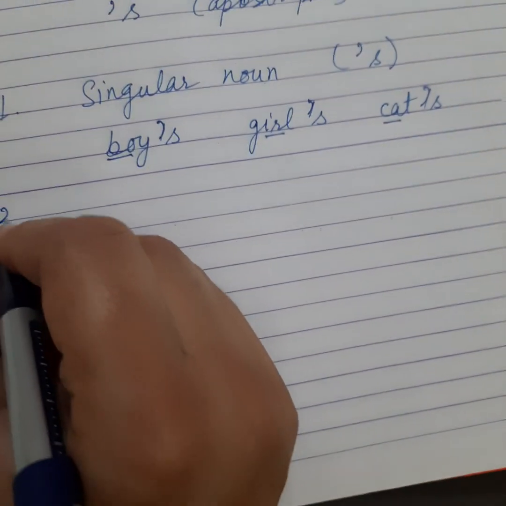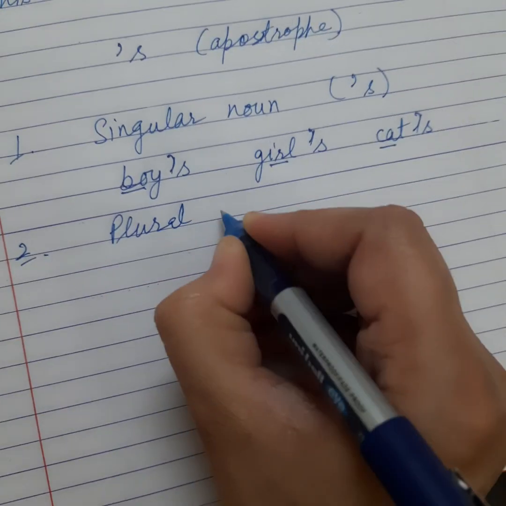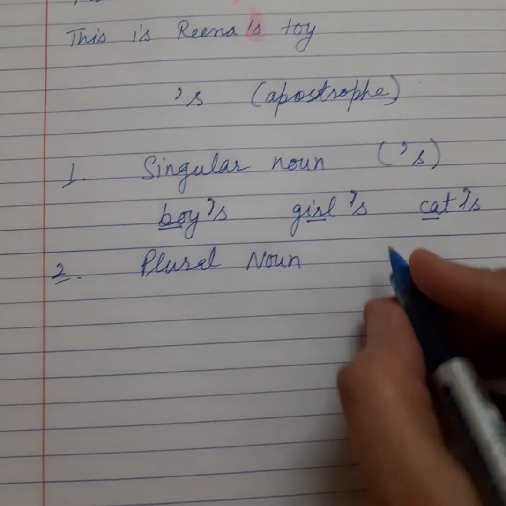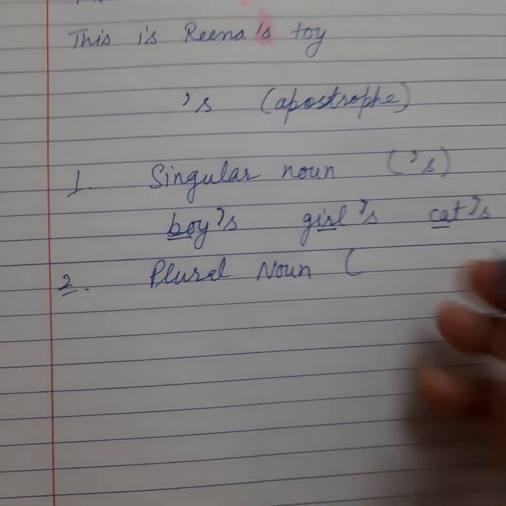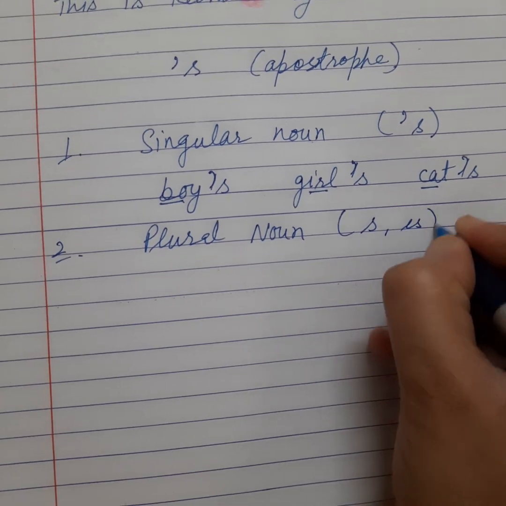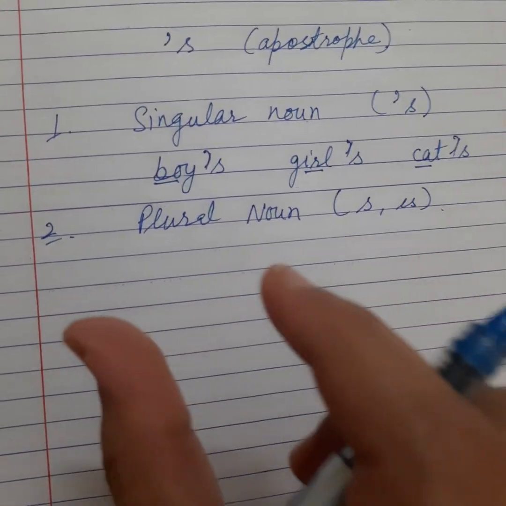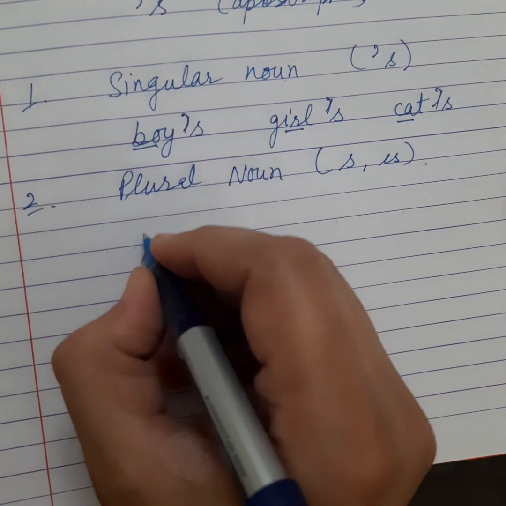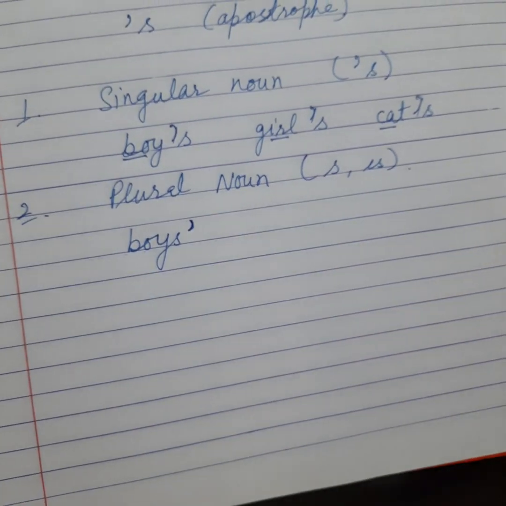Then the second rule is plural nouns. Plural nouns means we will take only those plurals which end with s or es. In that case, if the word is already ending with s or es or double s, we will just add an apostrophe.